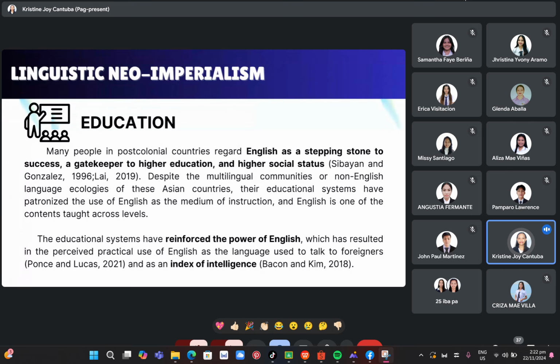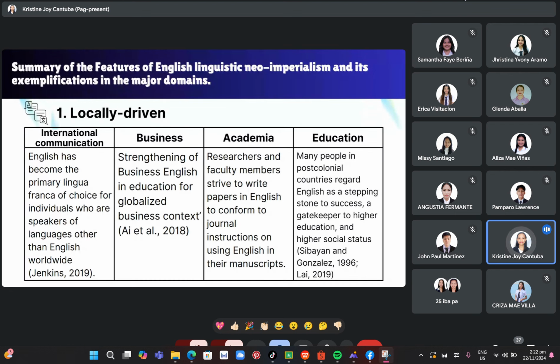The following table shows summarized features of English linguistic neo-imperialism and its exemplifications in the major domains, and how they manifest in the specific domains classified by Gradle.